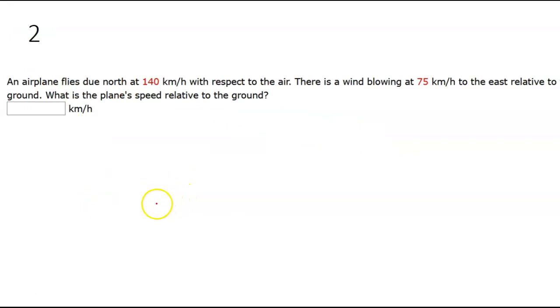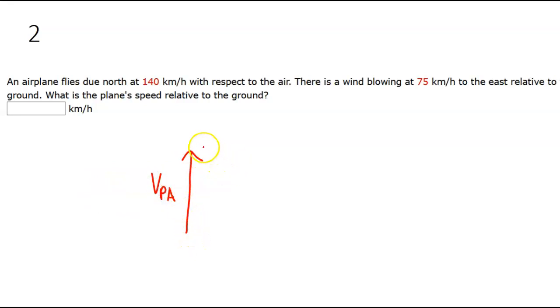In this one, we have an airplane that is flying due north. All right, that's the heading that the airplane takes, and it has an airspeed of 140 kilometers per hour. So I can say this is the motion of the plane relative to the air.